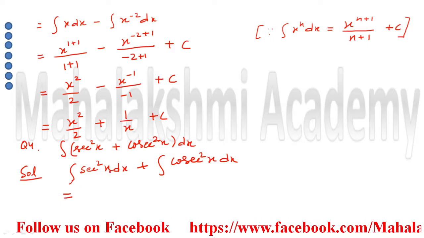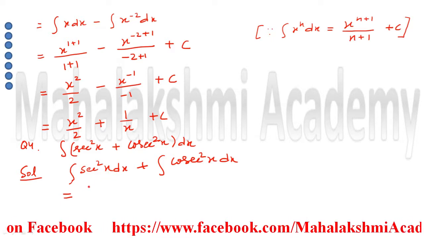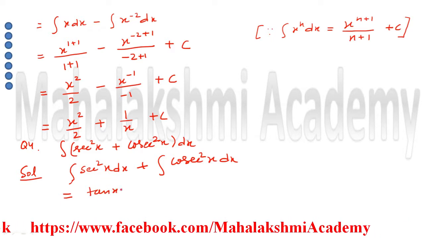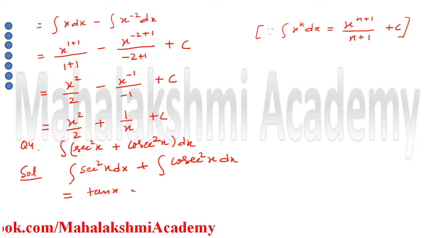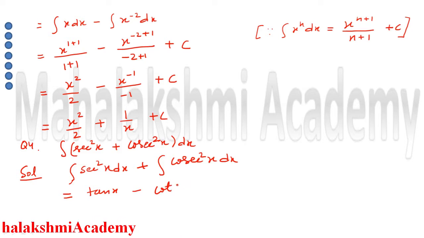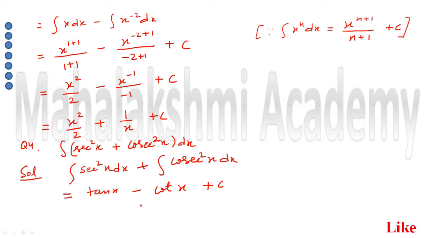The integration formula of sec square x dx is tan x, and the integration formula of cosec square x dx is minus cot x. So these are direct formulas. Like this we have completed question number 4 also. This question is very simple. Simply first distribute this dx to both and then directly use the formulas.